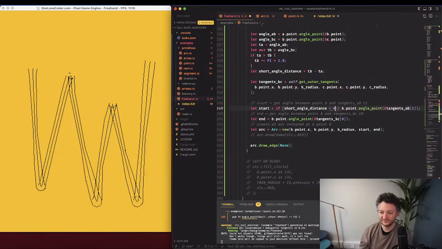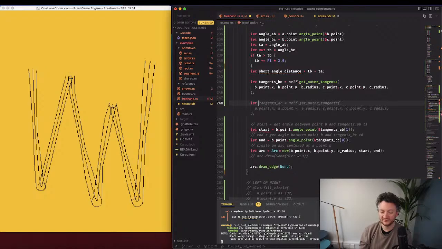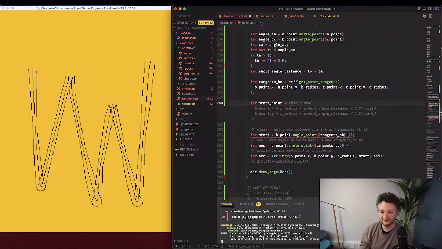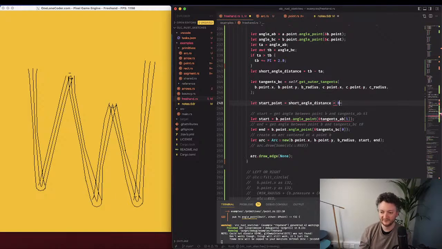If short angle distance is less than 0, so we don't actually need to angle to those points because we're getting those angles up here. Oh no, we do. Sorry. It's just about which point is which. So we're saying the start point depends on whether short angle distance is less than 0.